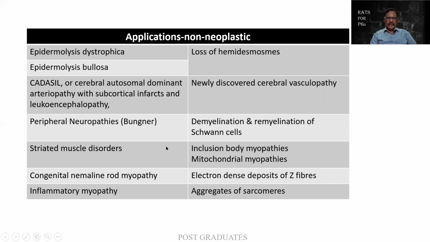So these are it. Striated muscle disorders, so showing mitochondrial myopathies or Nemaline rod myopathy, inflammatory myopathy. All these could be made out. These are some additional applications. So renal application, dermatology, muscle, etc., and storage disorders, we people can comfortably remember.